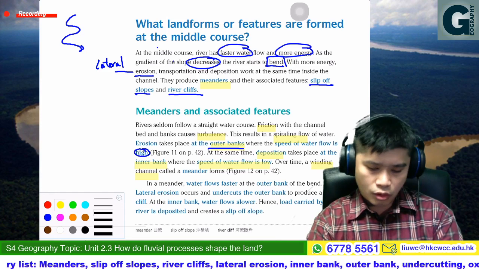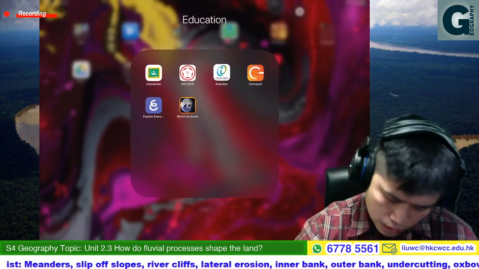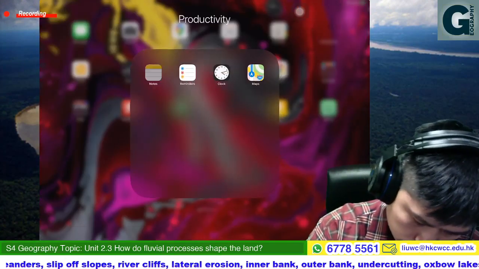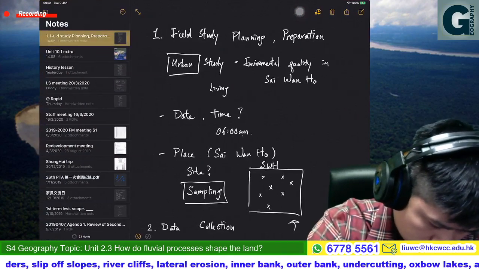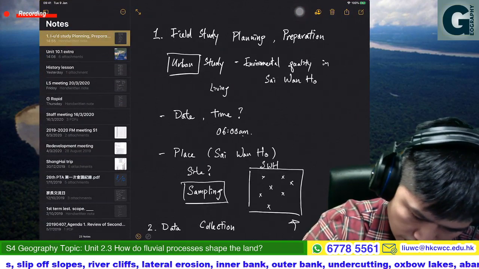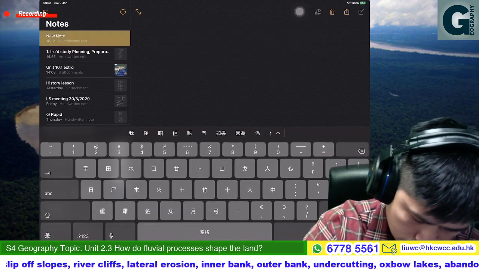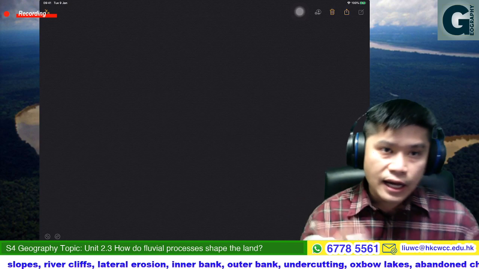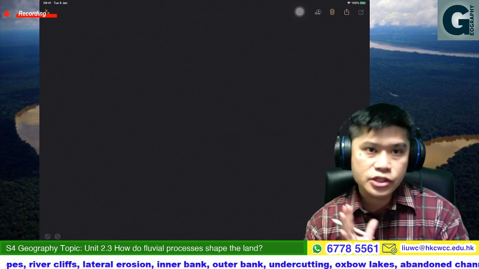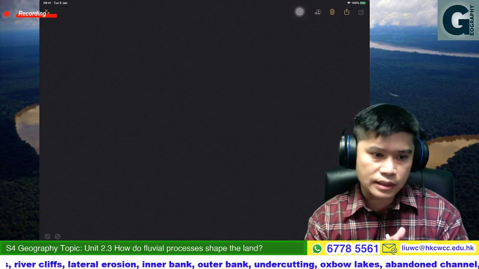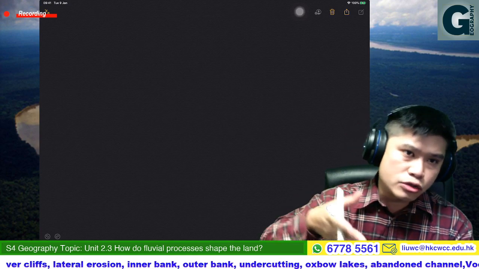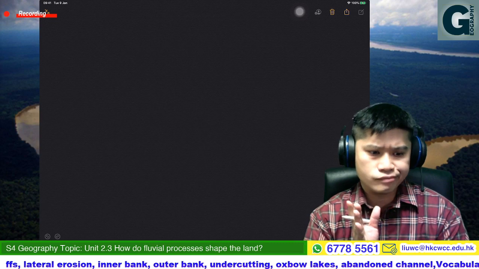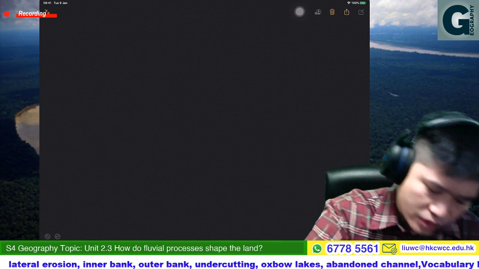If we draw, let me use the notes to describe what is meander. Just now from the paragraph, it mentioned that the water seldom goes in a straight course. So therefore, there must be bending of the river, for example, like this.